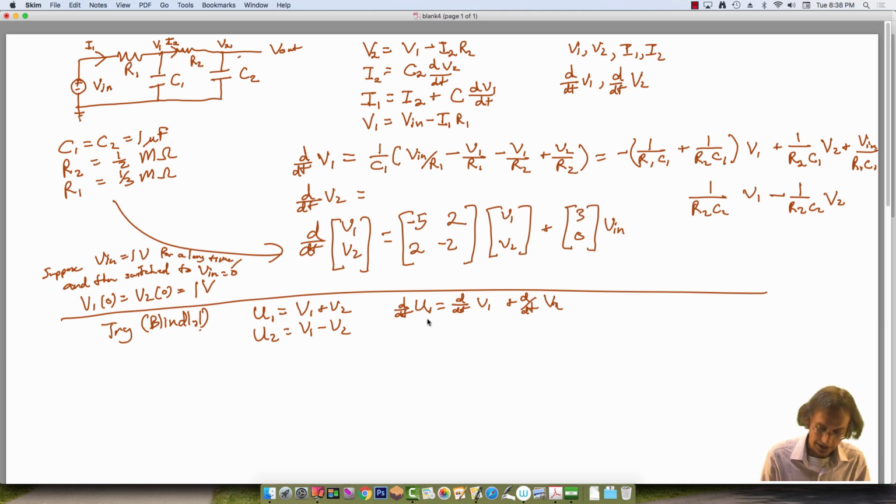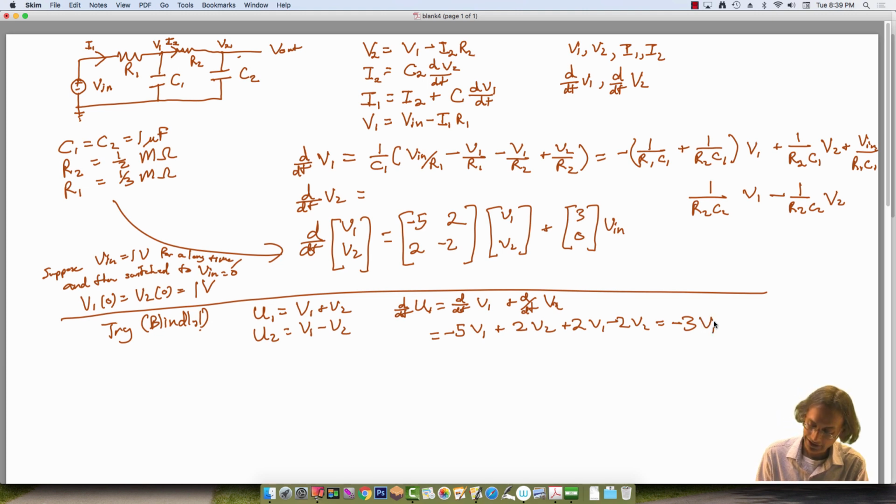And if we substitute these in, we get minus 5 v1 plus 2 v2, that's from up here. And then for v2, plus 2 v1 minus 2 v2. Okay, so we're getting some kind of cancellation. This equals minus 3 v1.